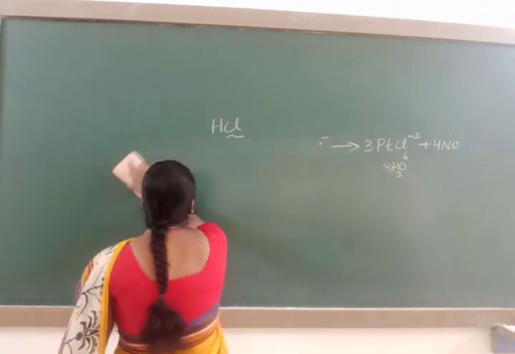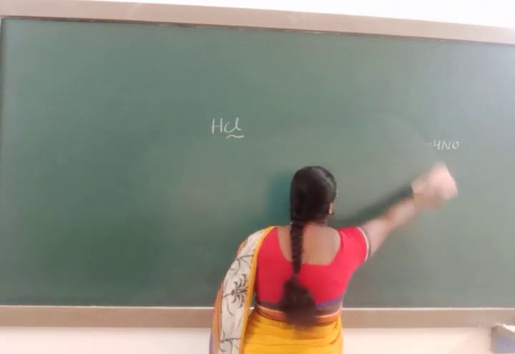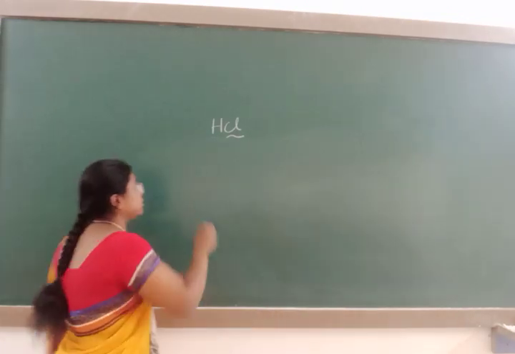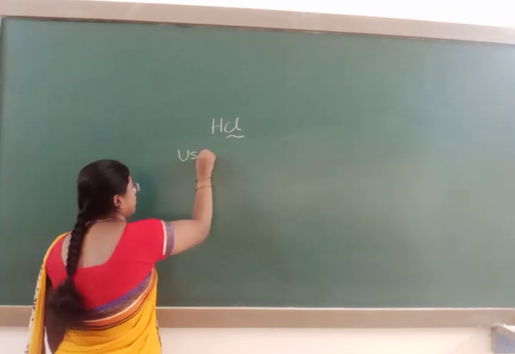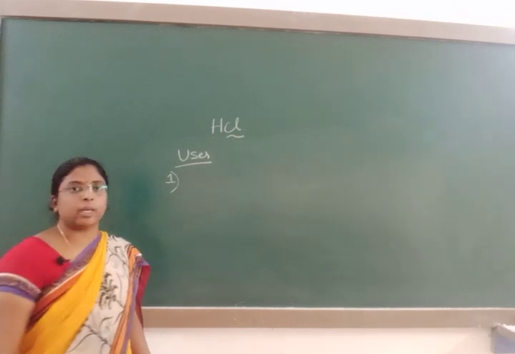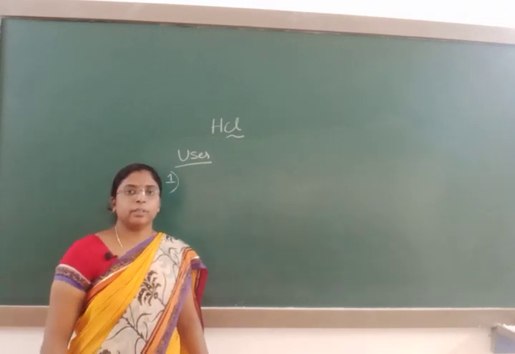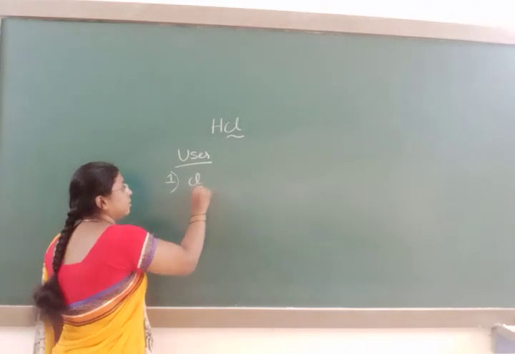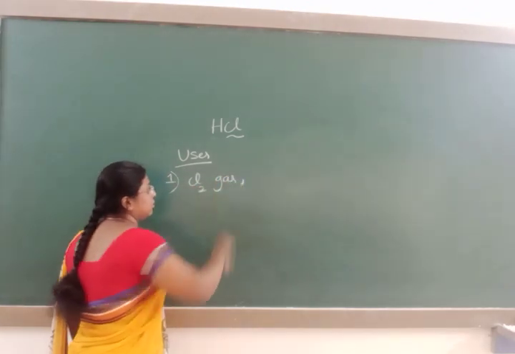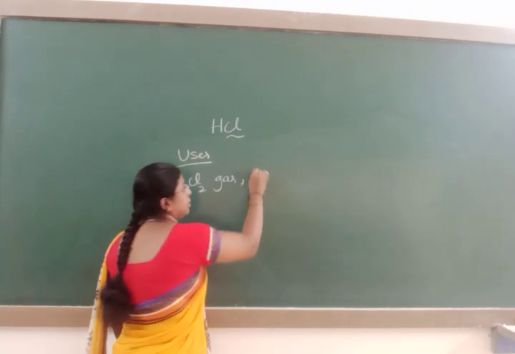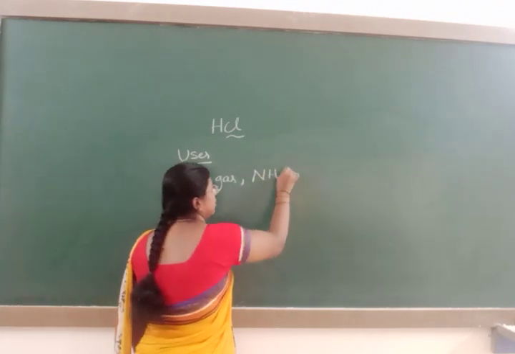After chemical reactions, the last part of HCl is the uses of HCl. Where is HCl used? Hydrochloric acid is used in the manufacture of chlorine gas. It is used in the manufacture of ammonium chloride, NH4Cl.